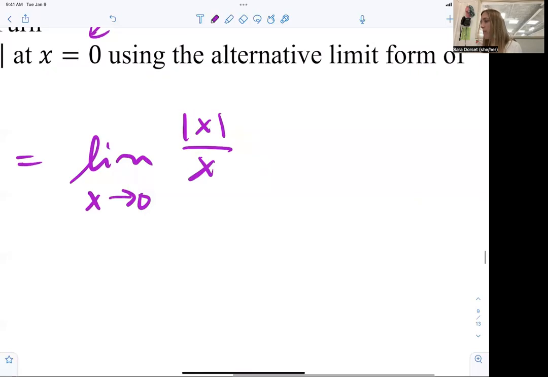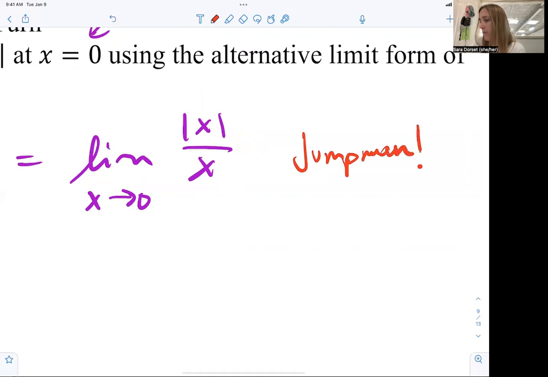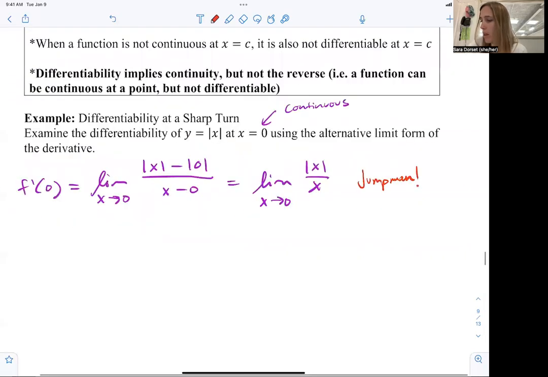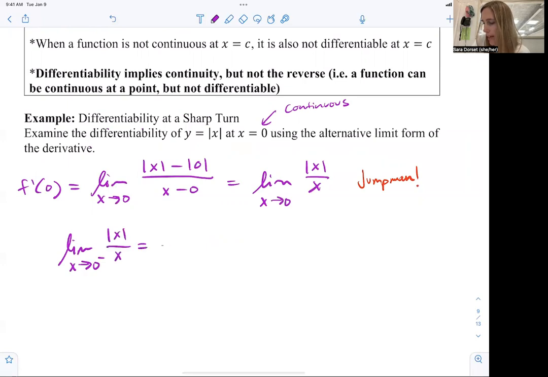Just from a limit perspective, you guys know this doesn't exist. This limit doesn't exist. Thinking about the limit from the left and the right. Jumpman. If we thought about taking the limit as x approaches 0 from the left of Jumpman, we would get -1, which does not equal the limit as x approaches 0 from the right of Jumpman.